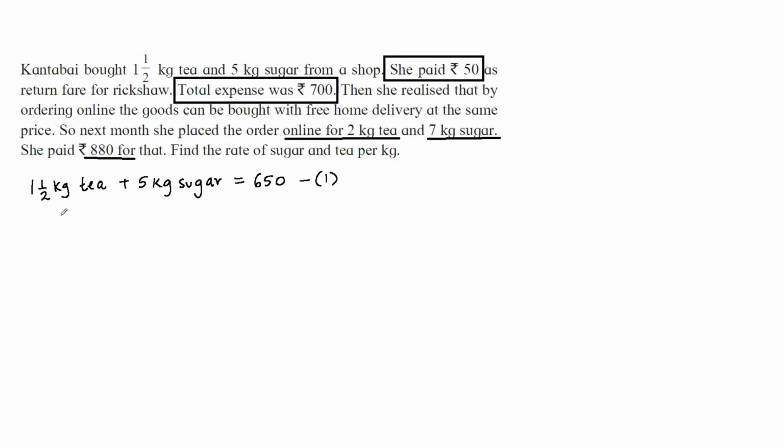So this is my second equation. I'm just going to pause for a few seconds so that you can take a look at the question and the equations, and then we will solve this one.